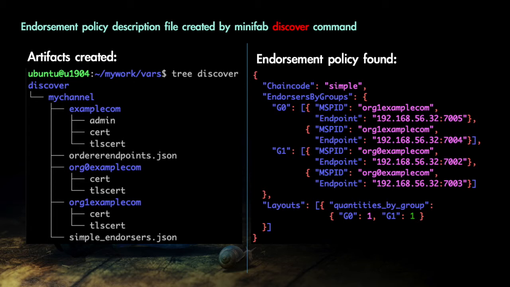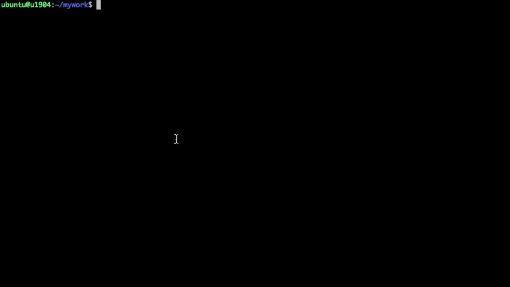Using Discovery Service, not only do you receive the information about endorsement requirements, but also the necessary certificates from the channel participating organizations. With the endorsers, endpoints, MSP ID, and the certificates, the application can easily send transaction proposals to the right places.